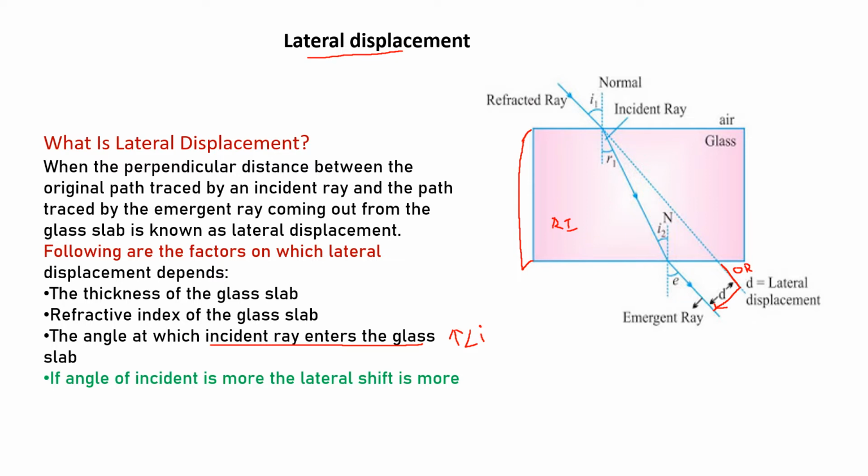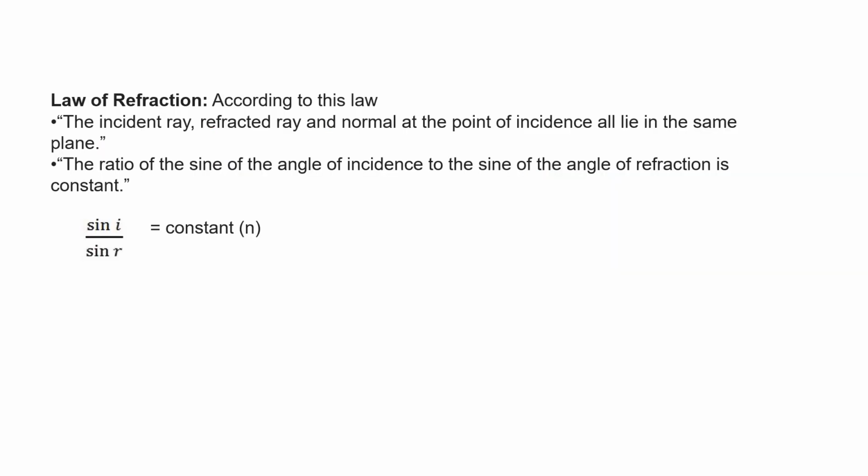This will also increase. So this is how the angle of incidence affects the lateral displacement. If the angle of incidence is more, lateral displacement is more. So this is all about lateral displacement.